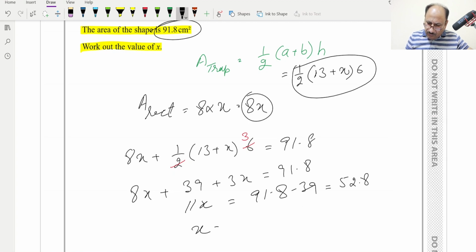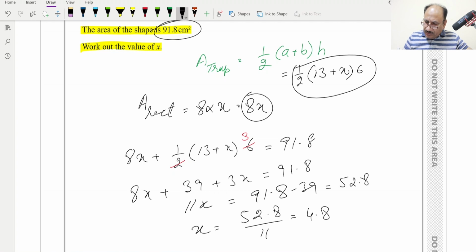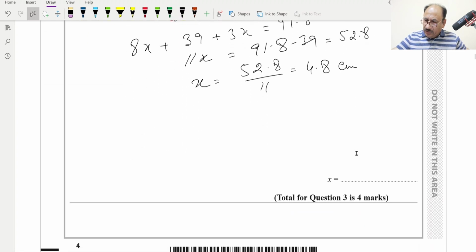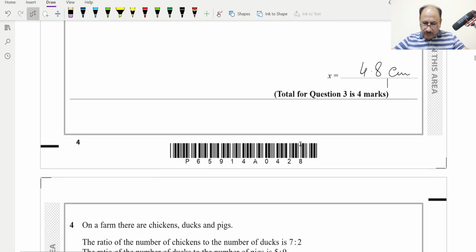Now the x value will be equal to 52.8 divided by 11, and this is equal to 4.8 centimeters. This will be the final answer for the x value, 4.8 centimeters.